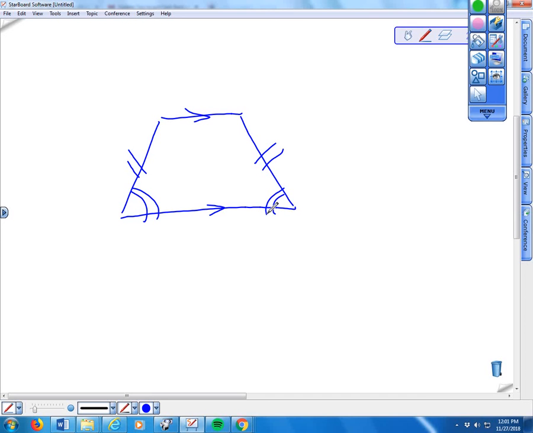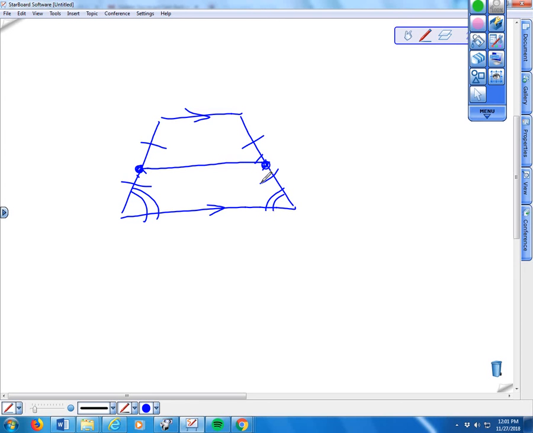Okay? The final feature of a trapezoid is something called the midsegment. The midsegment is a segment that's drawn from the midpoint of both legs. You find the midpoint of both legs, you connect those, that's called the mid-segment.